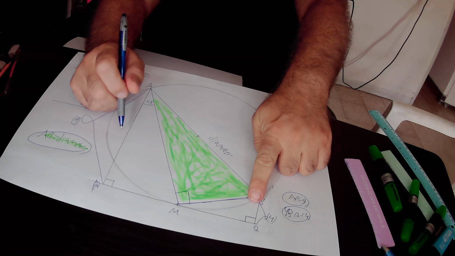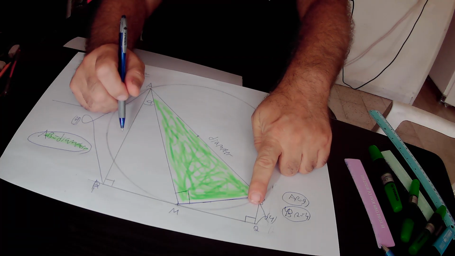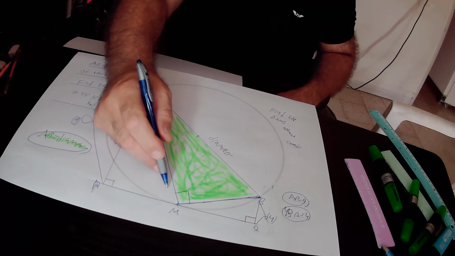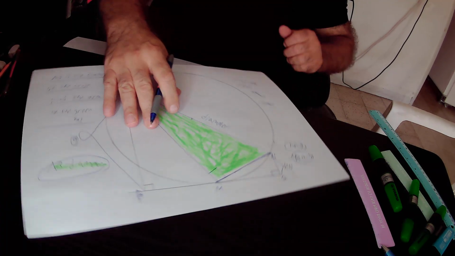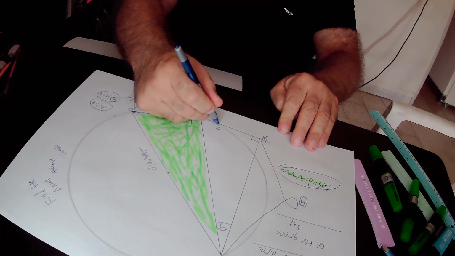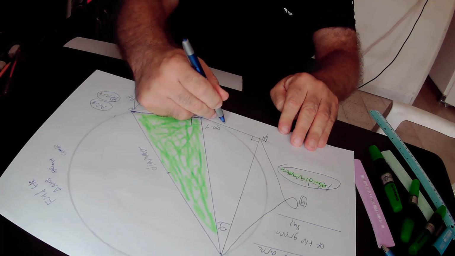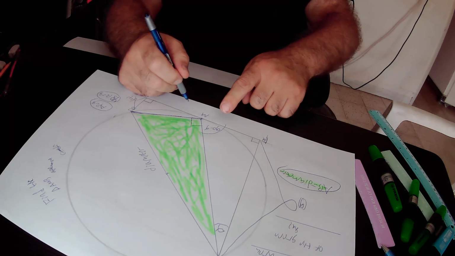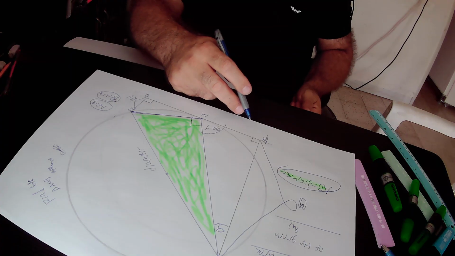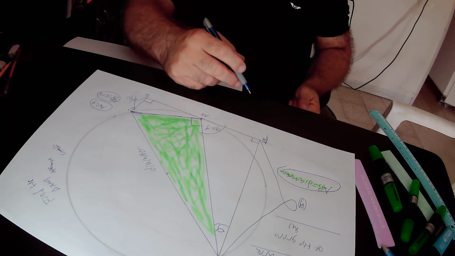This angle also equals 90 degrees according to what is given to us in the question. So this angle equals alpha, this angle equals 90 degrees, and therefore this third angle must be equal to 90 degrees minus alpha. Why? Because 90 degrees minus alpha plus alpha is 90 degrees, and 90 degrees plus 90 degrees is equal to 180 degrees, that is the sum of the angles in a triangle.